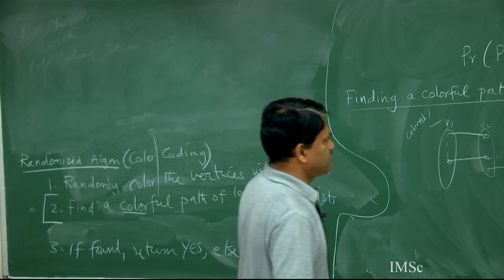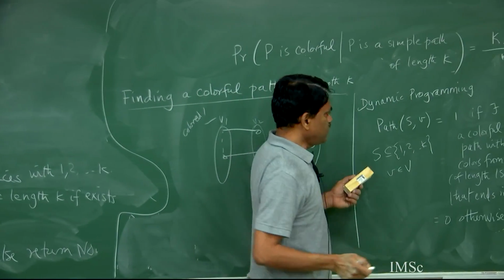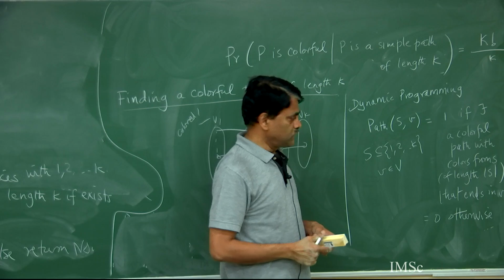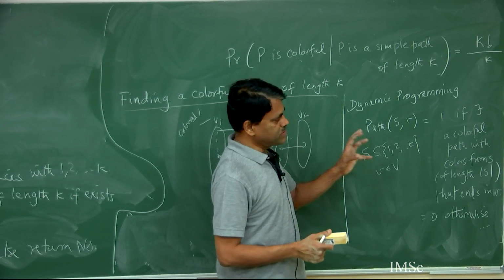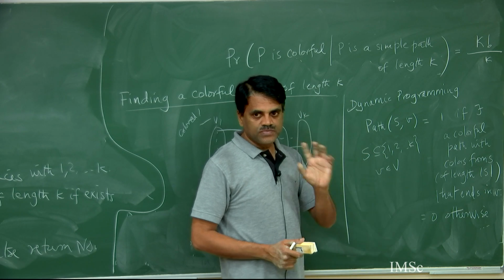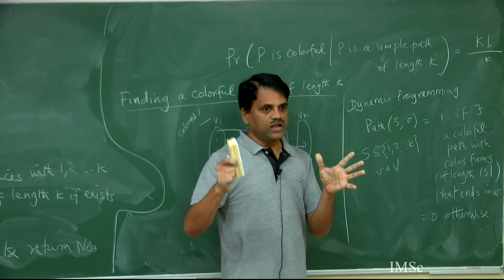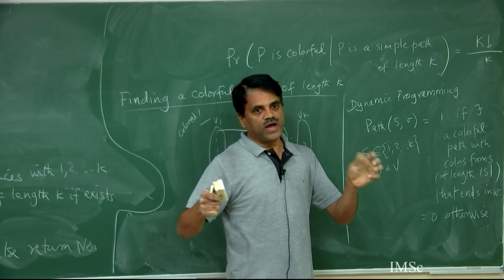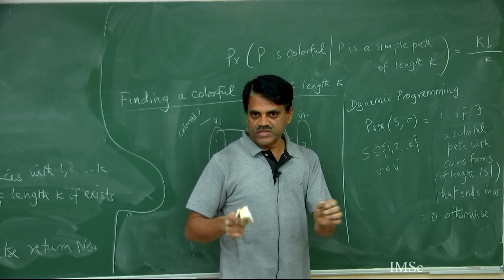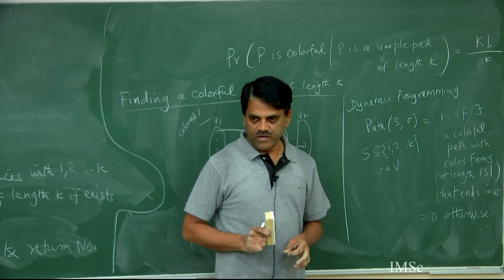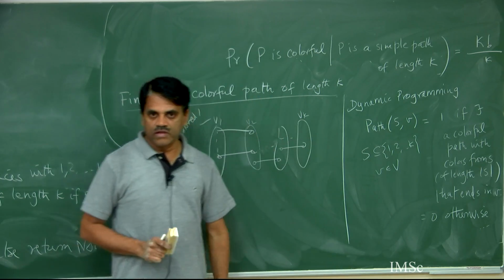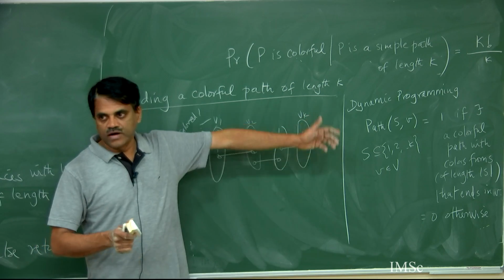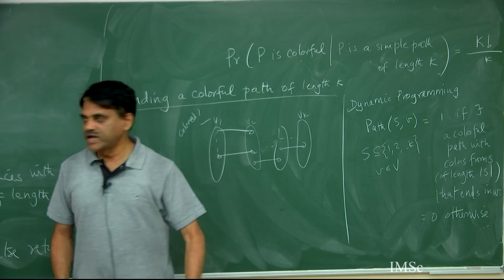So, what would be the starting point? Here is my subproblem. For some subset of colors and a vertex, is there a colorful path that uses exactly the colors from this subset and ends at the vertex V? Can you give me a starting point? Yeah, singletons, right?